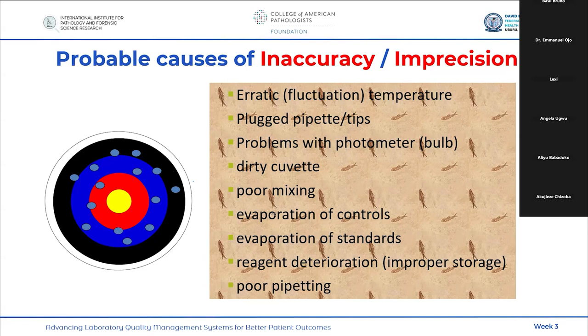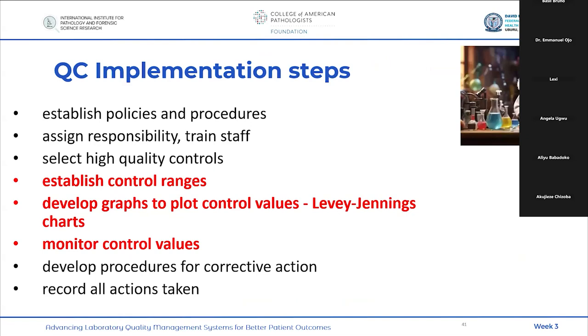So if you are going to freeze them for a long time, it's advisable that you keep them in small aliquots such that once you bring it out, you are not taking it back. You are not doing what we call freeze-thawing, because it affects the performance of the quality control.